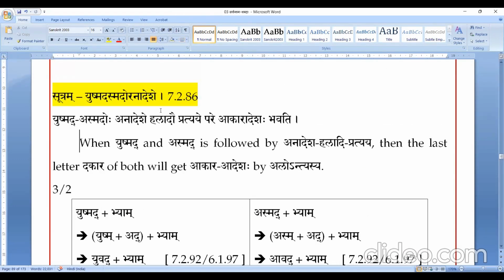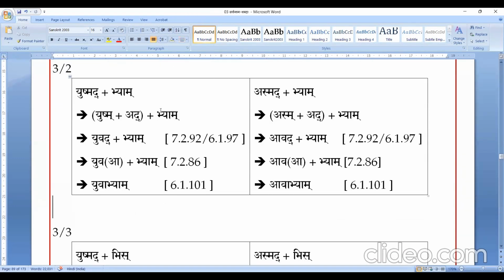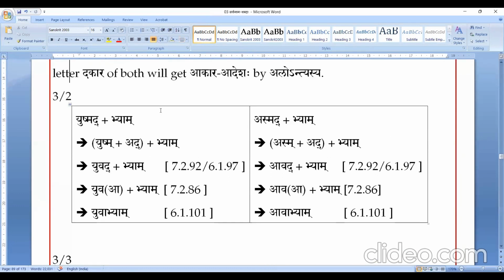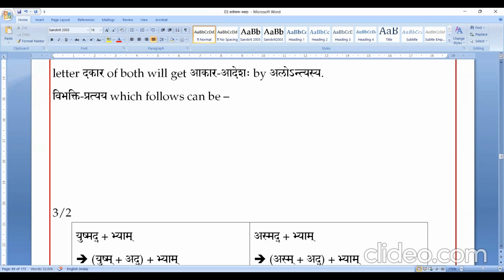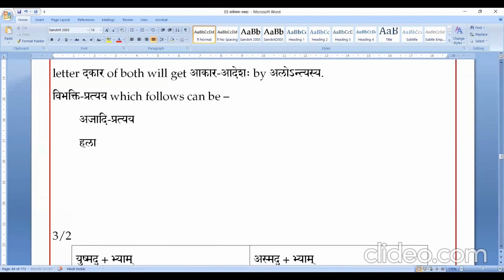Why do we say Yushmadasmadoho Anadeshaha? So Yuvabhyam, we can do later. Here I will write. So the Vibhakti Pratyaya which follows can be either Ajadi Pratyaya or Haladi Pratyaya, right?